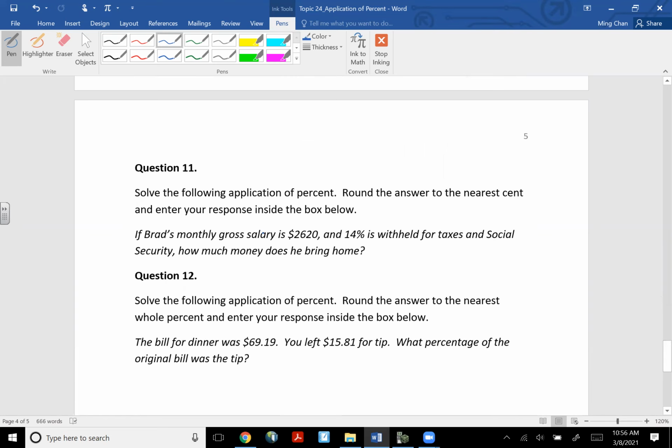If Brad's monthly gross salary is 2620, 14% is withheld for taxes and social security. How much money does he bring home? Let me give you a hint.